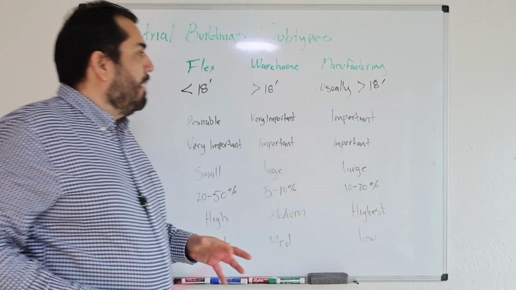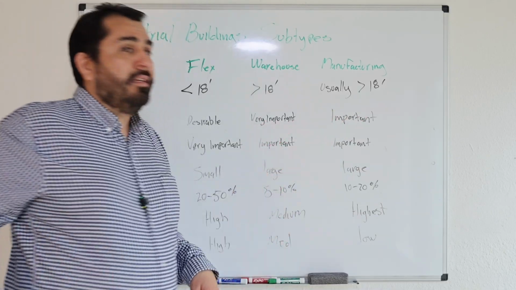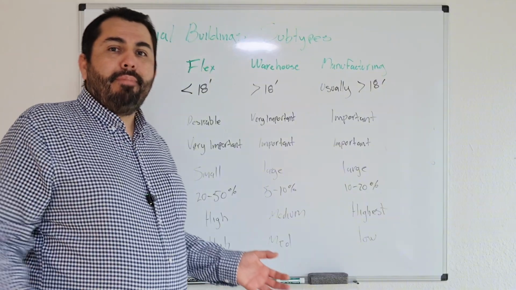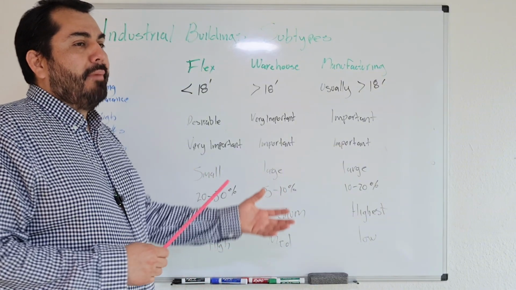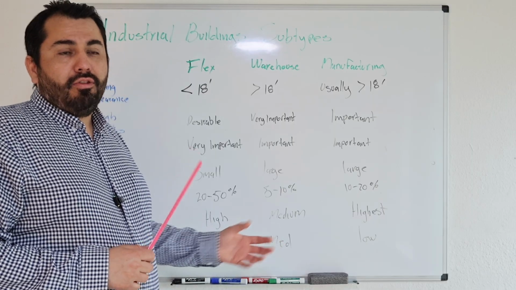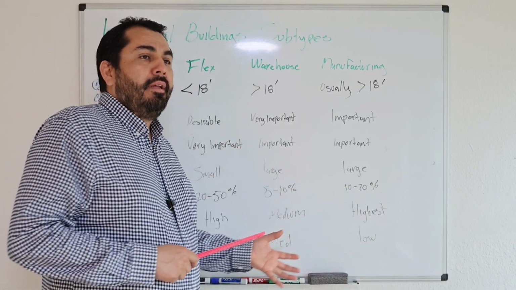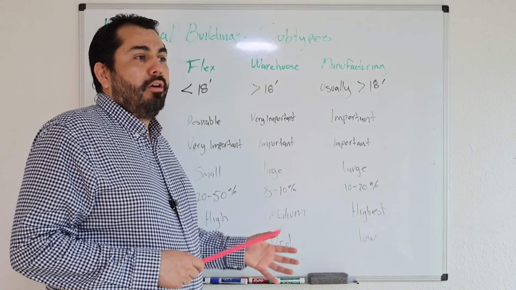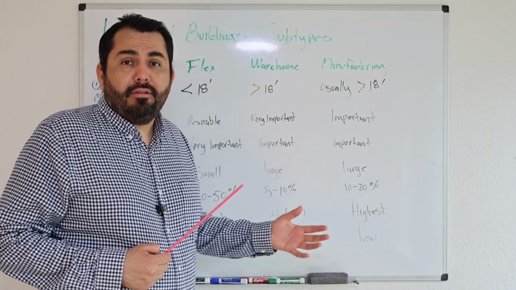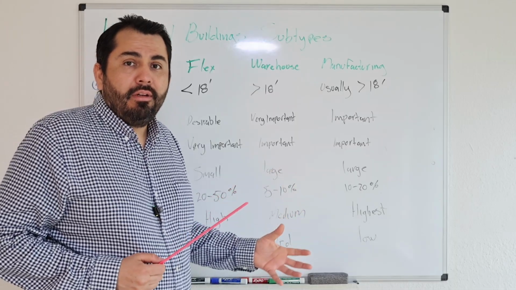And finally, for manufacturing, it is important, but not as much as in warehouses, because, for example, they make automotive pieces and then load the truck, but maybe two times a week, or one time a week, they load a big truck from the inside.